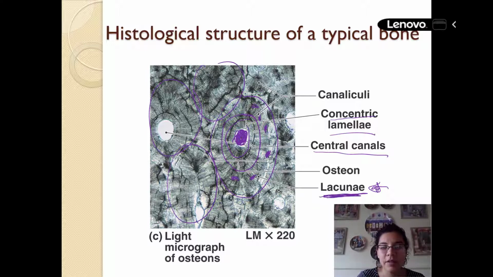Then we have little radiating lines going perpendicular to the concentric lamellae. These are canaliculi, little canals. That's the histological structure of typical bone, and that's the osteon.